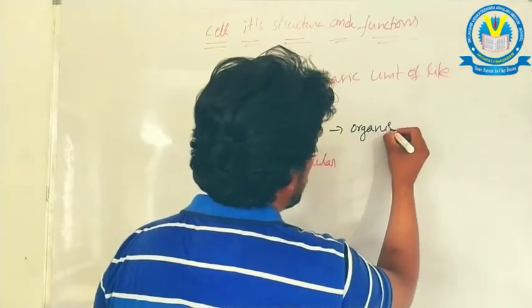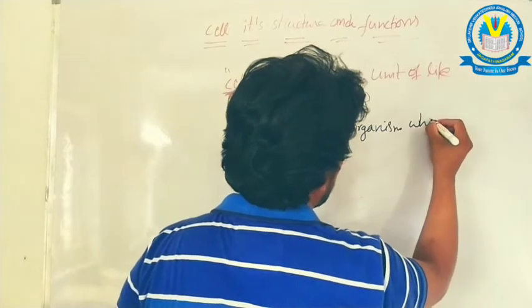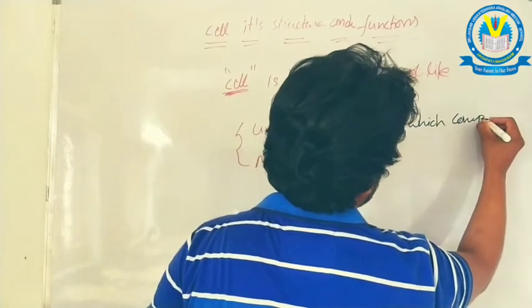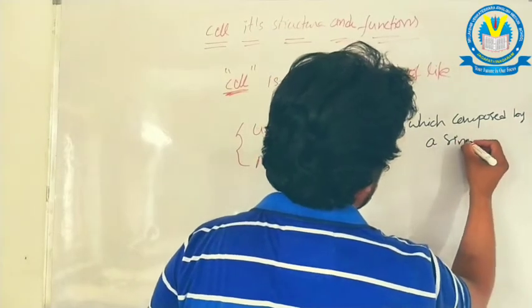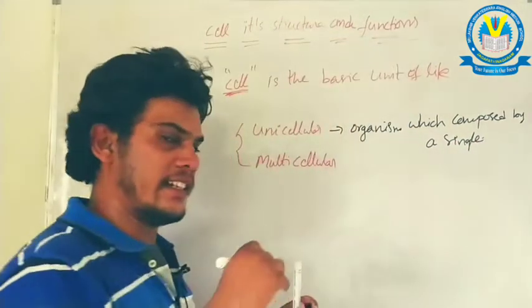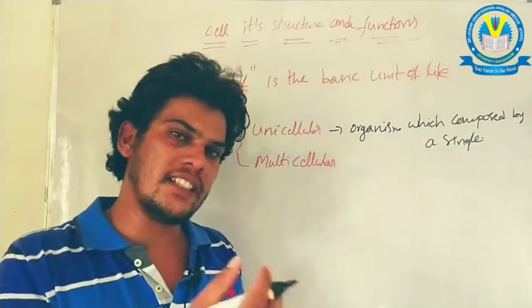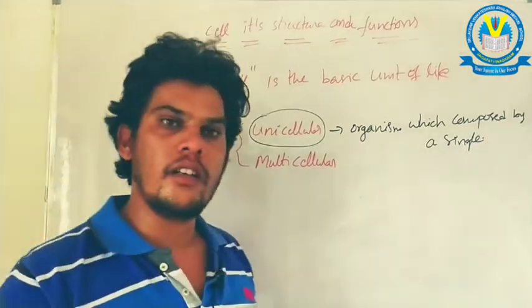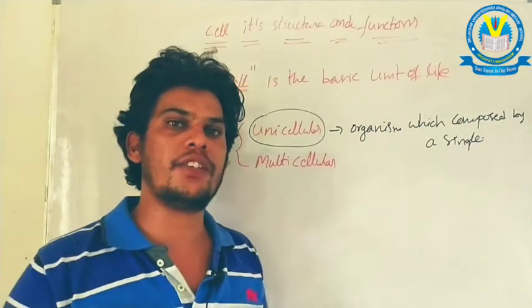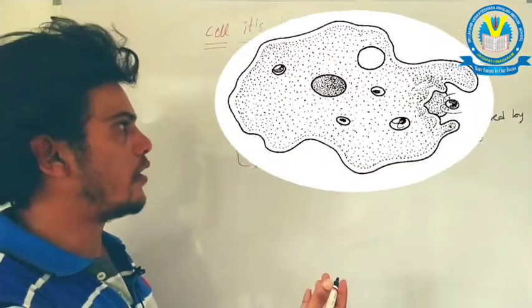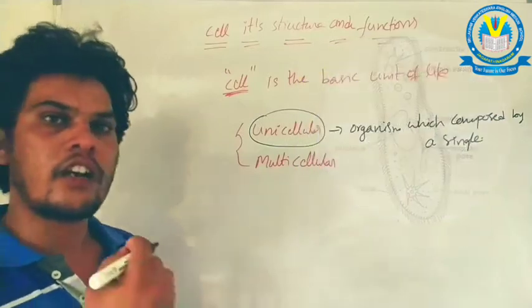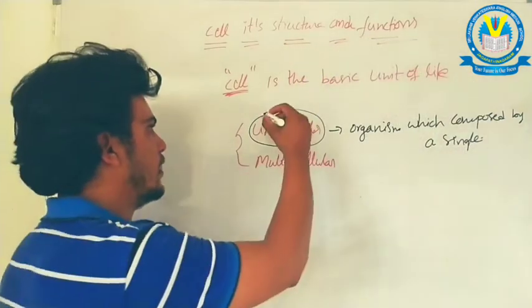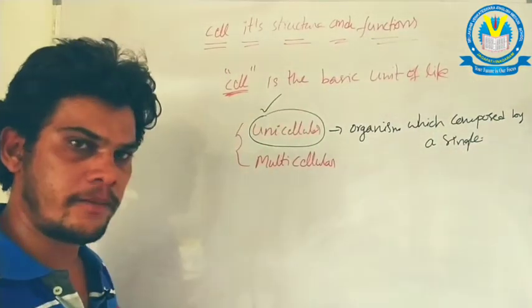Organisms which are composed of a single cell, like amoeba and paramecium. Look here, this is the picture of amoeba and this is the picture of paramecium. These organisms are composed of a single cell, that's why they are unicellular organisms.